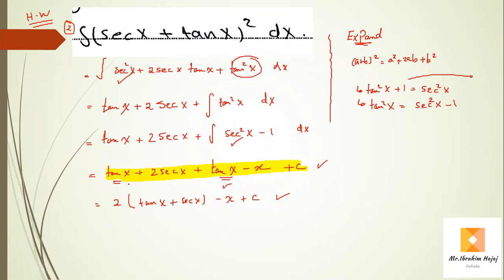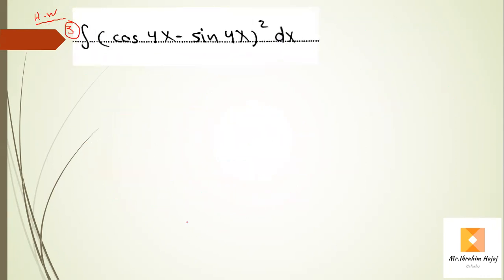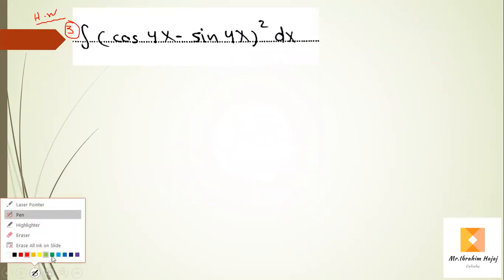Final step: I added tan x and tan x to get 2 tan x plus 2 sec x. We took 2 as a common factor, and inside parentheses we have tan x plus sec x, minus x plus c. Next question, question number 3 in your homework yesterday.